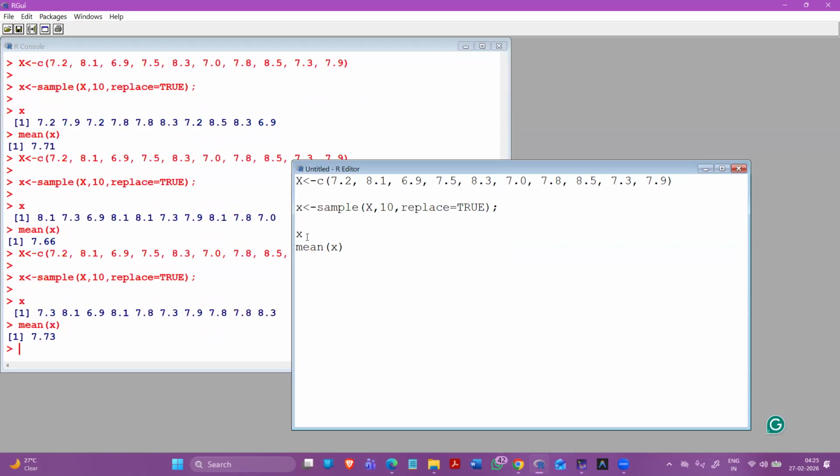So every single time I'm getting a different sample mean, right? So I will get these 10,000 sample means.